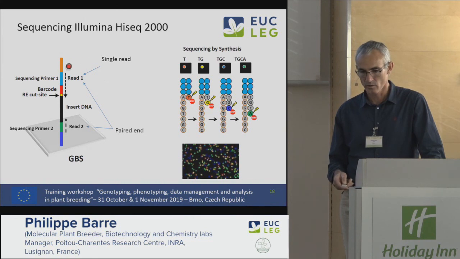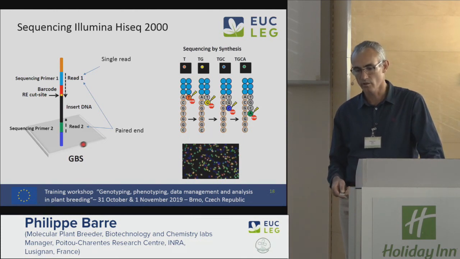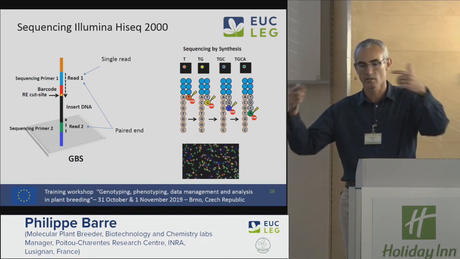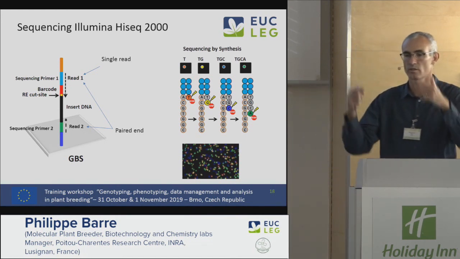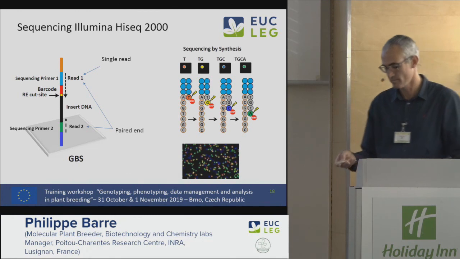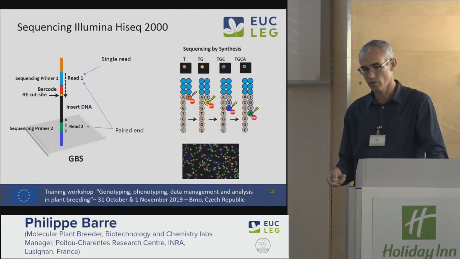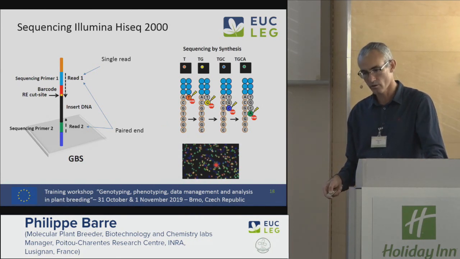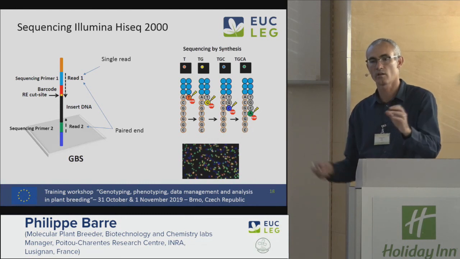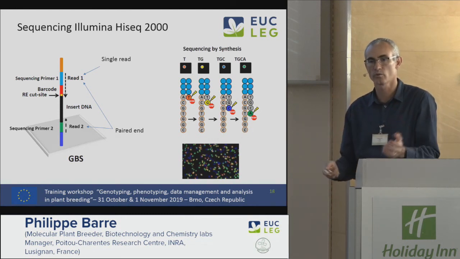Here you have the sequence forward in this way, but you can also have a sequence on the other side, and so this is paired-end sequencing. You can imagine that if you put too many fragments at the beginning, all the little spots are clustered together, and it's not possible to sequence.